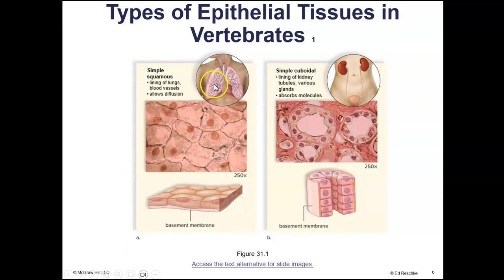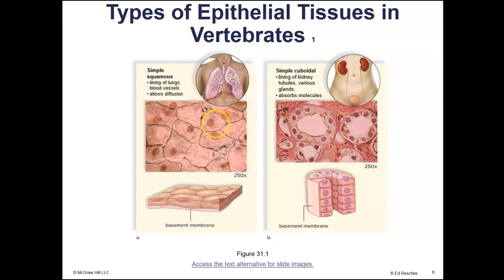For example, the air sacs of the lungs are surrounded by capillaries, and the air sacs and the capillaries are both composed of simple squamous tissue. So oxygen can diffuse from the air sacs into the blood, and carbon dioxide gas can diffuse from the blood into the air sacs.